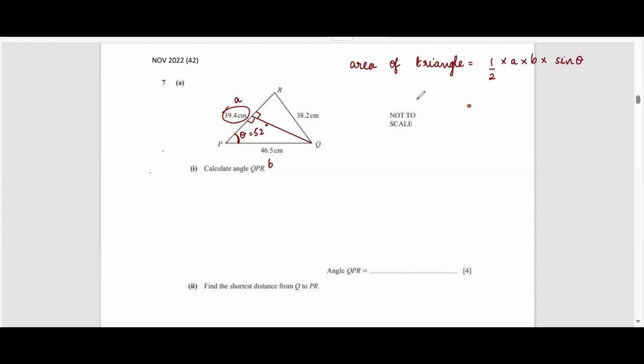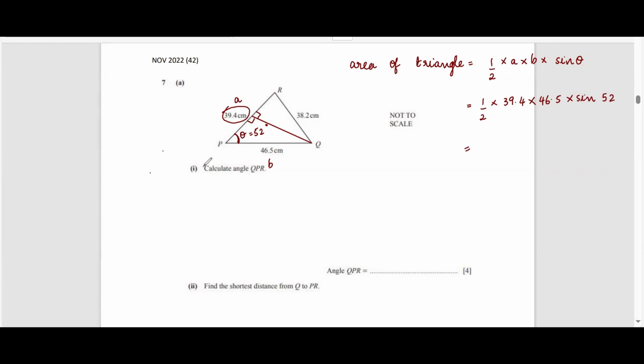Once again, to use this formula, we need two sides and the included angle. So half of A is 39.4 into B is 46.5 into sine 52 degrees. We got the angle 52 from the first subdivision.